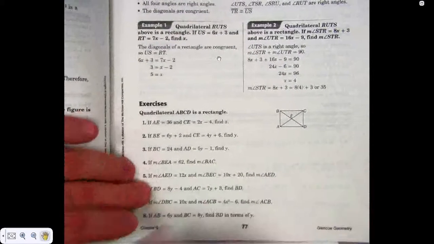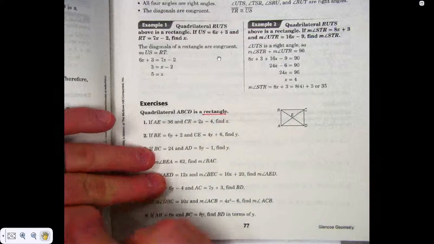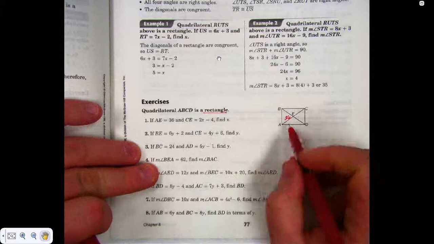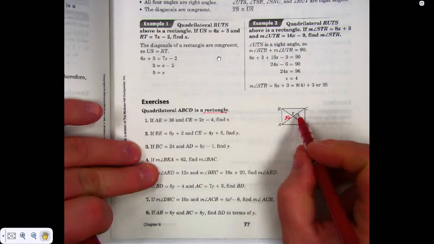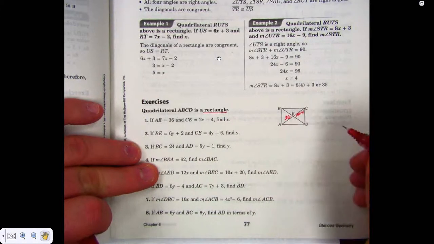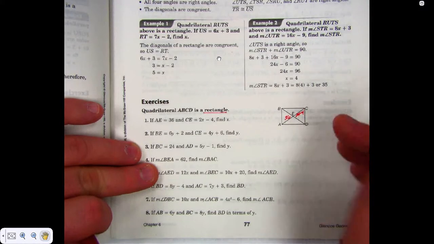If you're looking at this one, first of all, they said this is a what? So we know there's 8 things true. They tell us that AE is 36. They tell us that CE is what? Find x. I have a question for you.